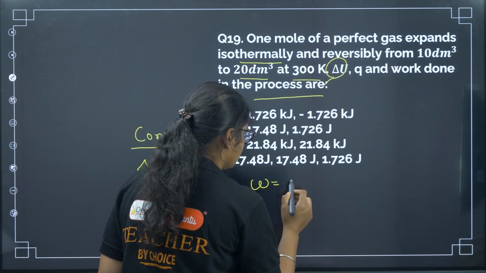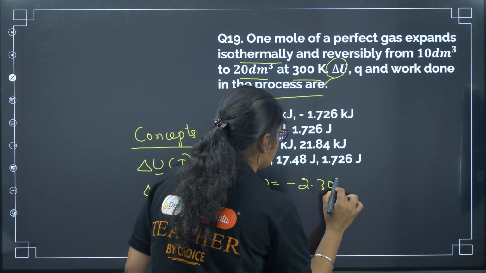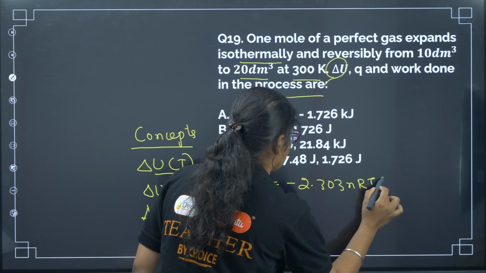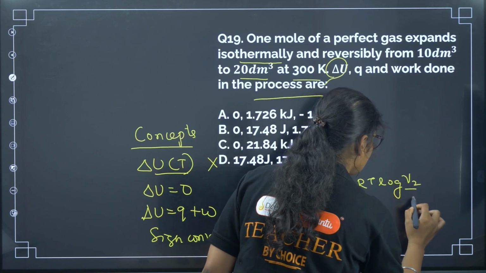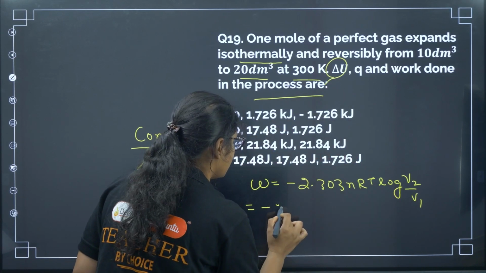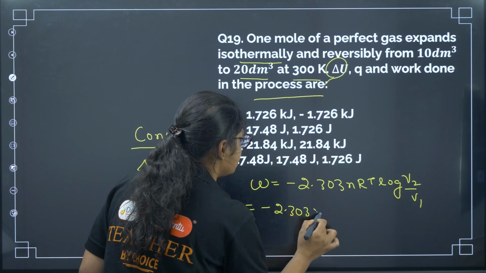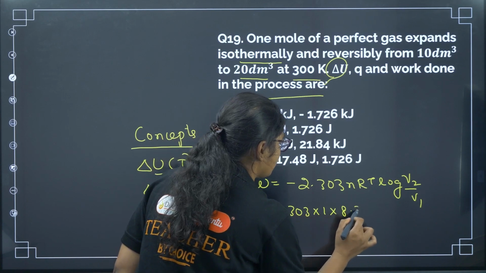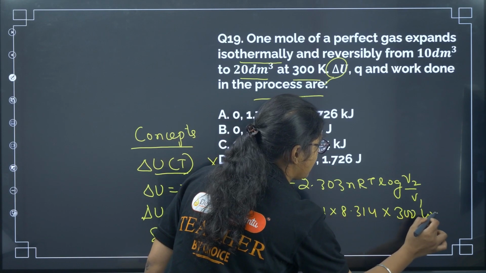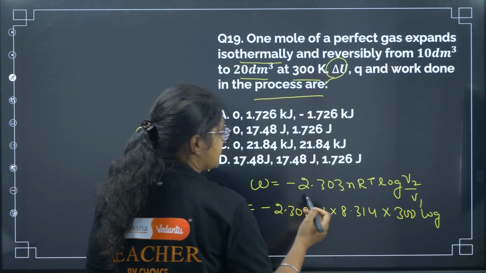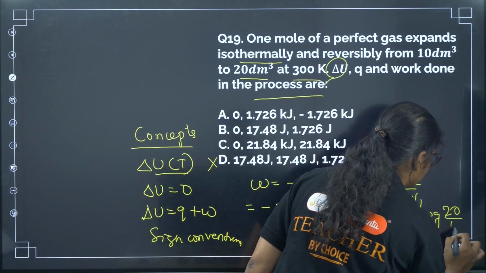That formula is very common and most important: W equals minus 2.303 nRT log of V2 by V1. Substituting: number of moles is 1, R is 8.314, temperature is 300 Kelvin, and V2 by V1 is 20 by 10, that is log 2.